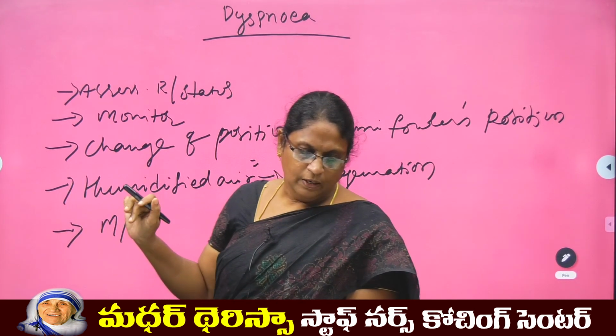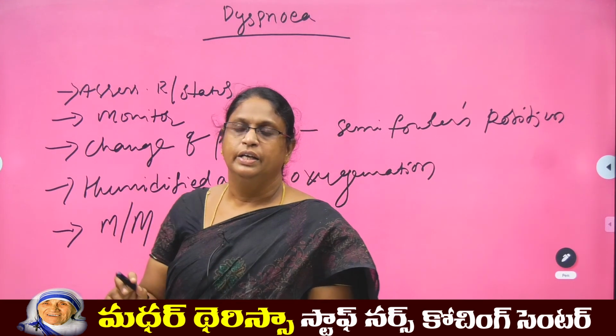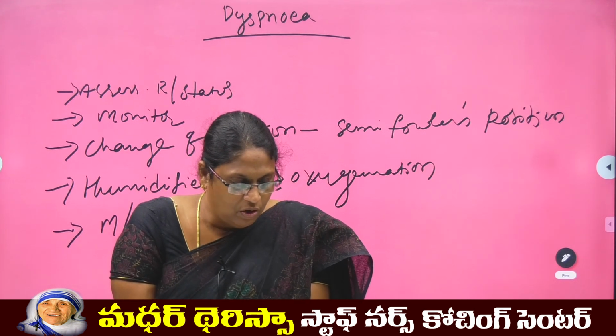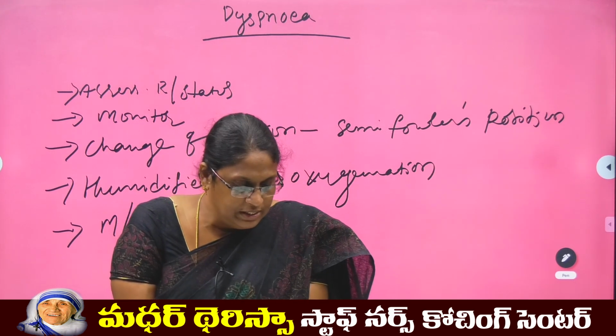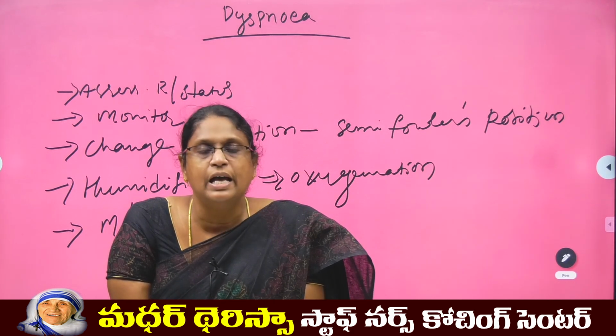And also antibiotics, if there are any signs of infection. As nurses we have to administer the antibiotics also, in order to relieve the congestion as well as the cough, and to decrease the apprehension.